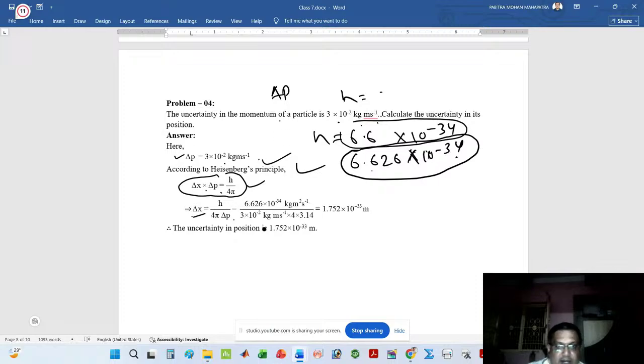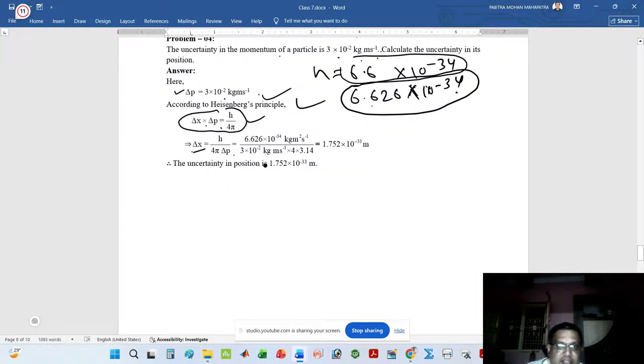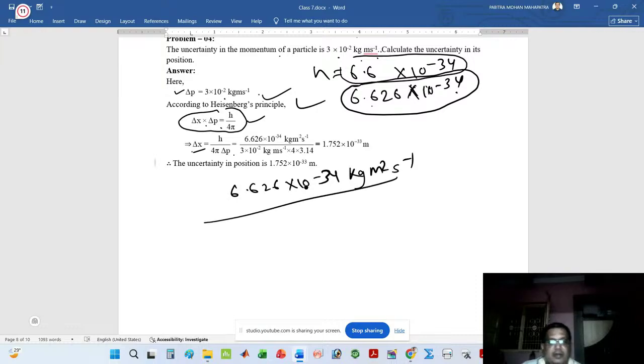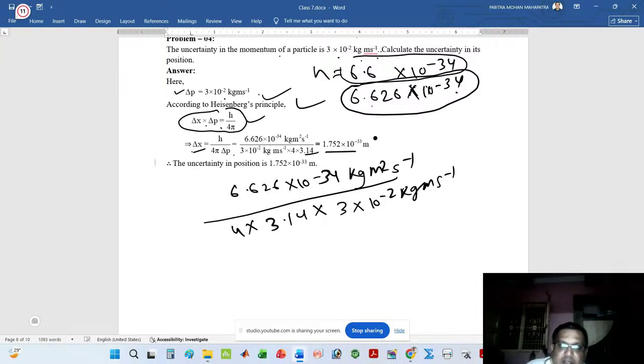Here I can write 6.626 into 10 to the minus 34, with unit kg meter square second inverse, divided by 4 into pi, that is 3.14. So I can write 4 into 3.14 into del p, that is 3 into 10 to the minus 2 kg meter per second. Now you can solve this and you will find the answer, 1.752 into 10 to the minus 33 meter.